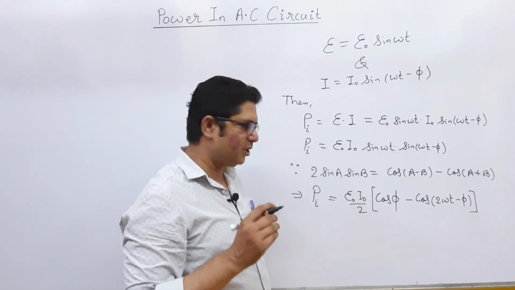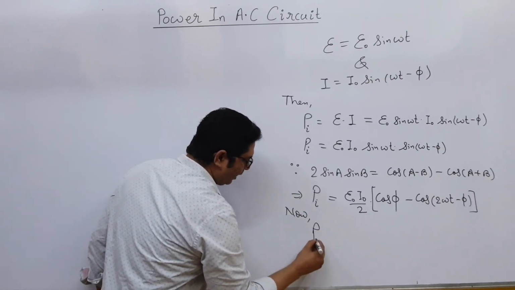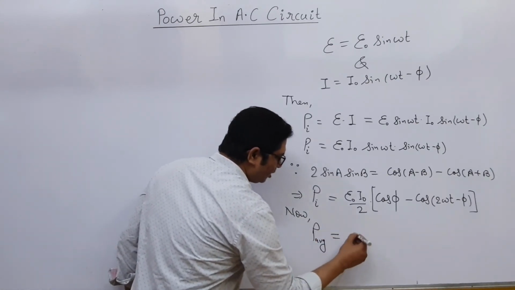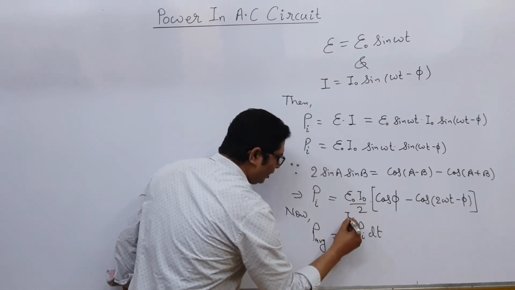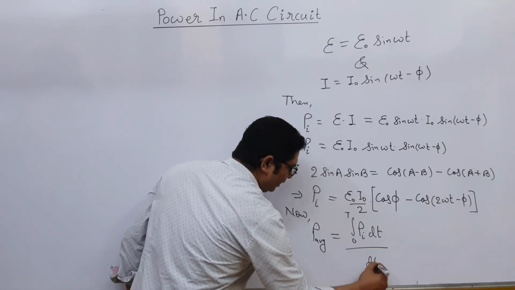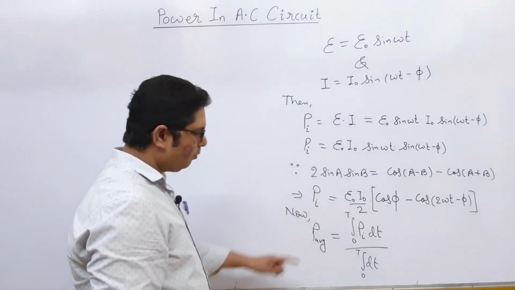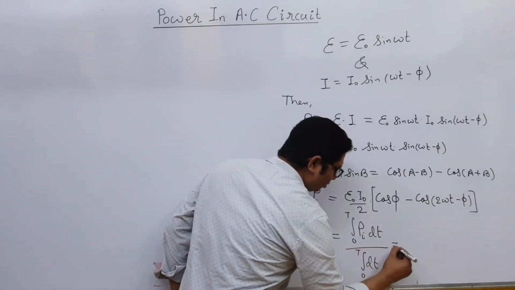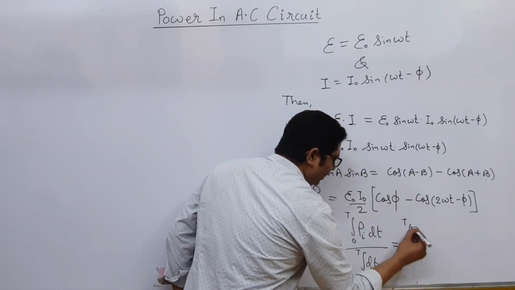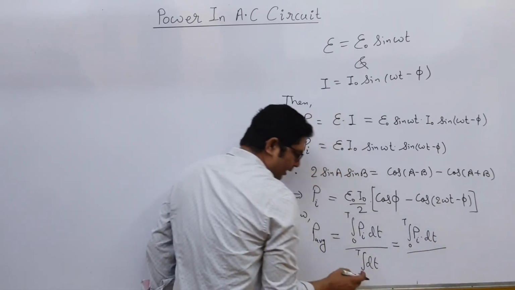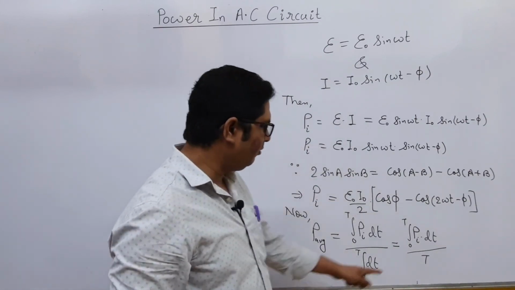We have to find average power. So what is average power? P average equals the integration of Pi dt from 0 to T, whole divided by the integration of dt from 0 to T. This is the average power. So here we have P average equals the integration of Pi dt from 0 to T, divided by the integration of dt from 0 to T, which is equal to capital T. So put the value of Pi here.